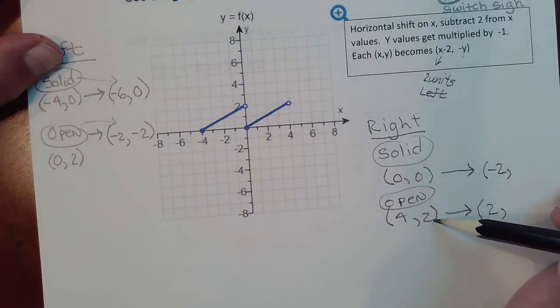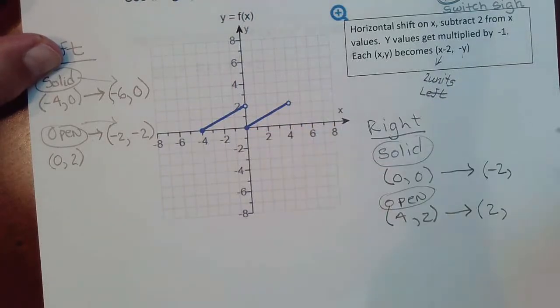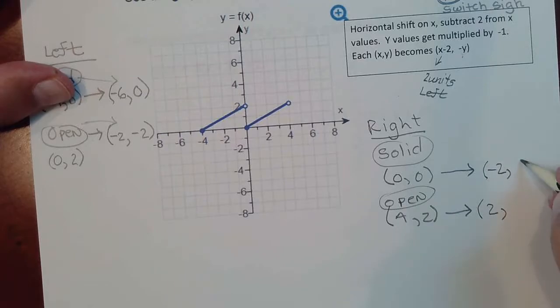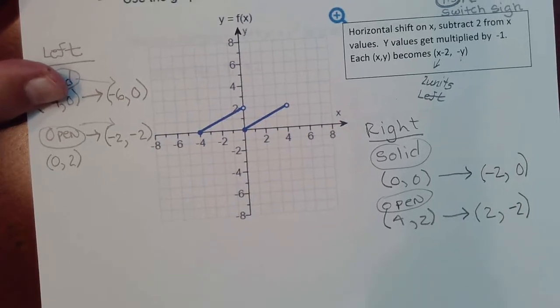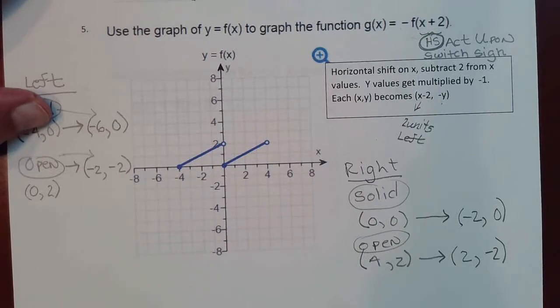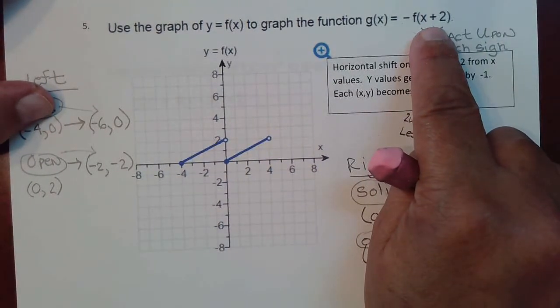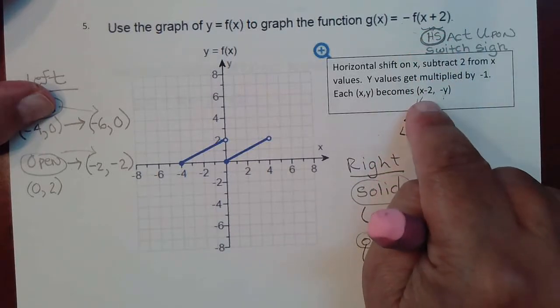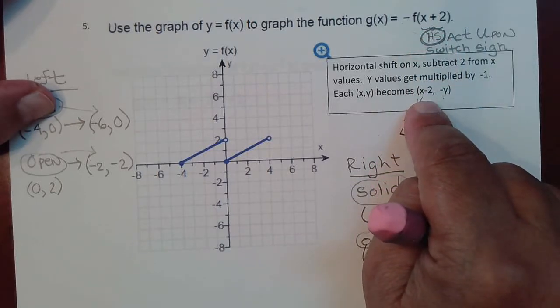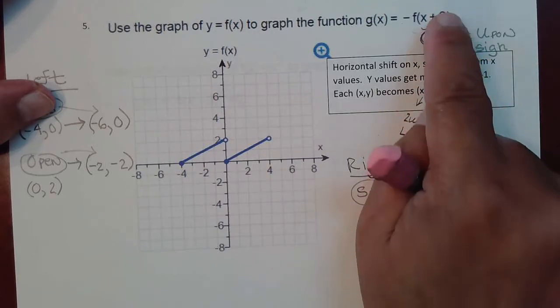Here's your original y values on the rightmost piece. 0 times -1, 0. 2 times -1, -2. And you're going to see in this particular problem that although it said +2 in the original, it really switched to a -2, as all horizontal shifts must be treated that way, where you switch the sign.